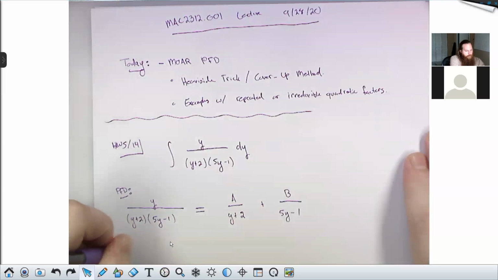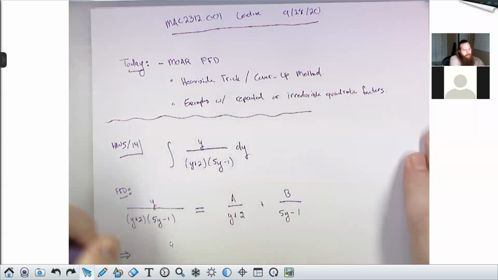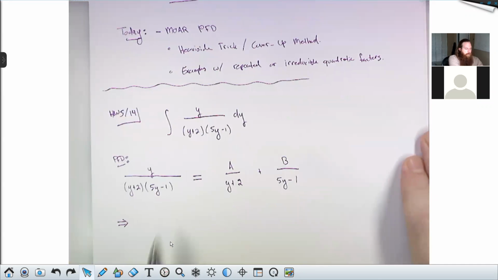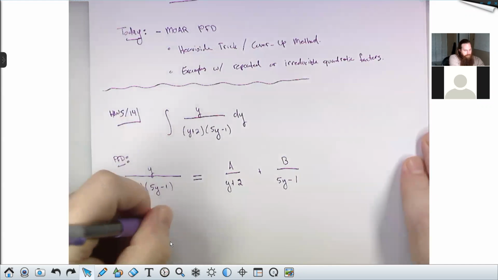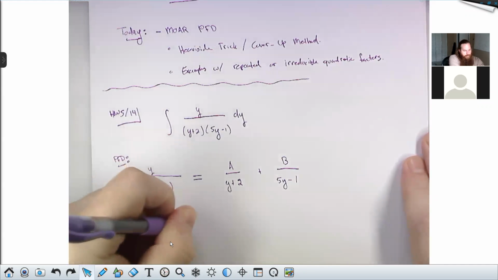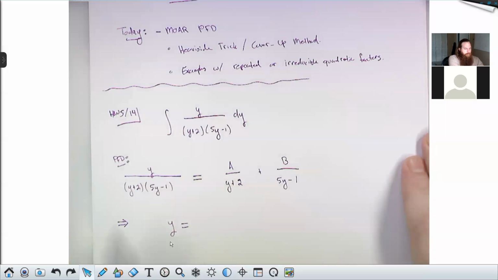And then, just like we would normally, I'm going to cross multiply by these two factors to get rid of the denominators. On the left-hand side, I'll just have y, because I'm multiplying both sides by y plus 2 and by 5y minus 1. Both of the factors from the denominator will cancel, just leaving me with the numerator.